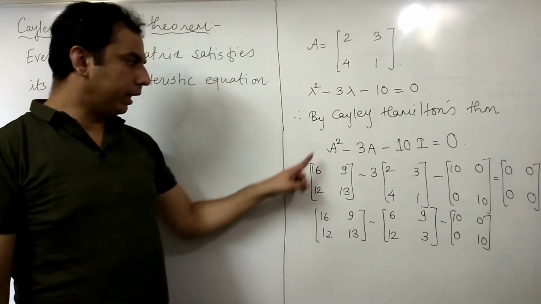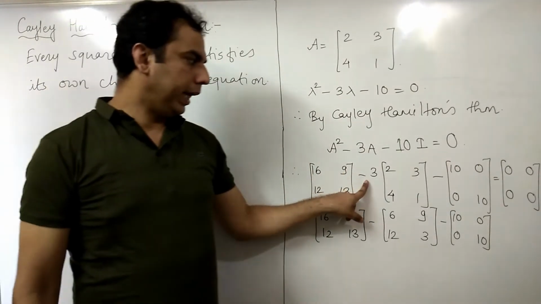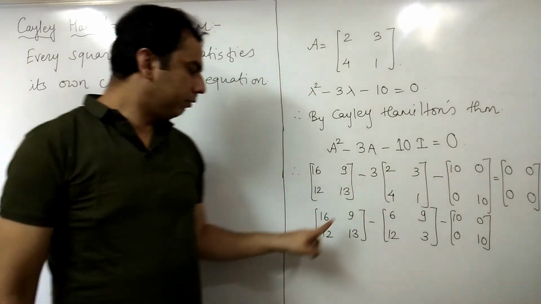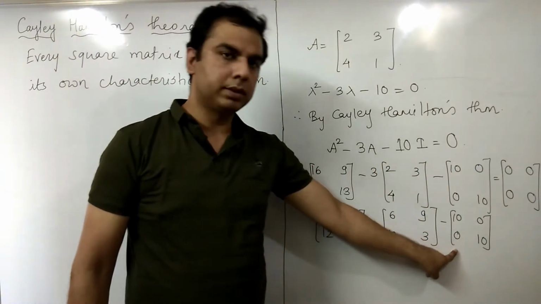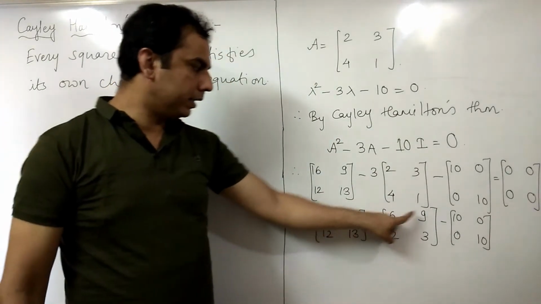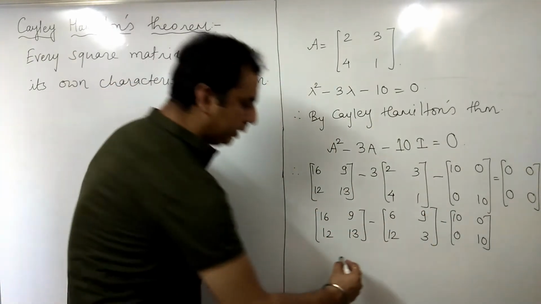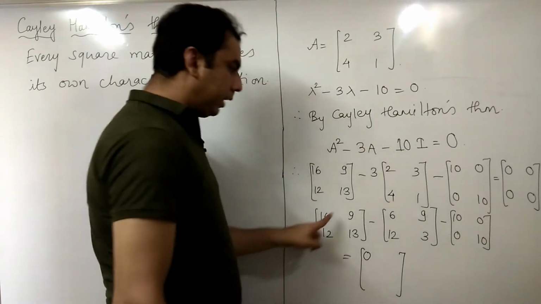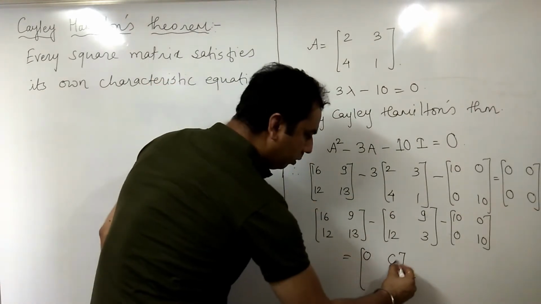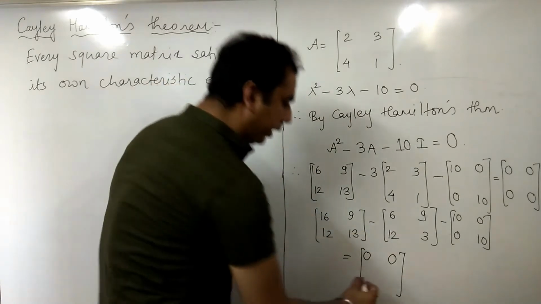If we put the values of A square, A and I here, we get this minus this minus this. So this is 16 minus 6 minus 10, which is 0. Then 9 minus 9, again 0. Then 12 minus 12, again 0.